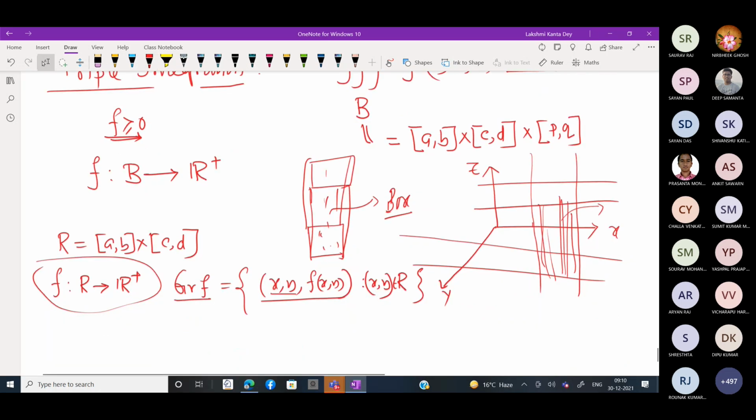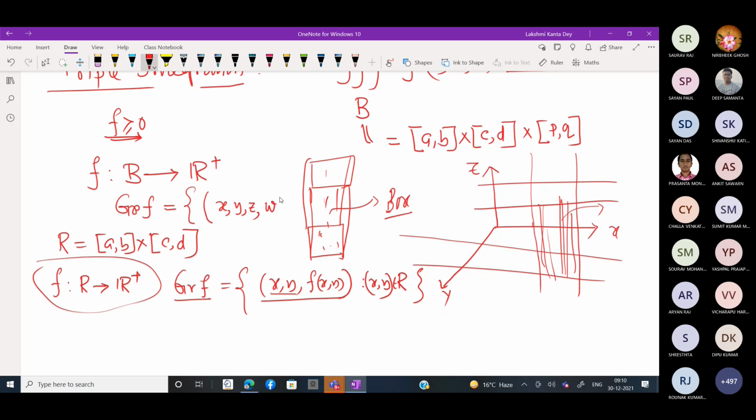But here, if you try to visualize the graph of f, by definition the graph of f is (x, f(x)), right? So what is your x? x means it needs 3 dimensions, x, y, z, right? And what is f(x)? f(x) is your w.